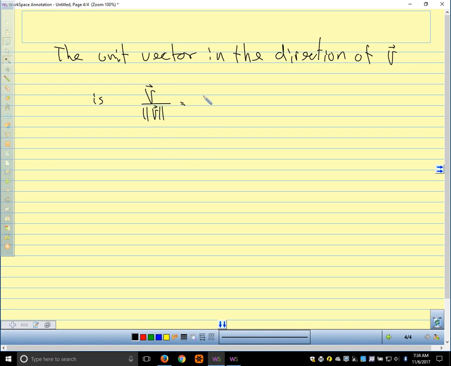And you'll also see it written as 1 over the magnitude of v times v. It's the same thing. This process is called normalizing v. Normalizing a vector means finding a vector with magnitude 1 in the same direction.